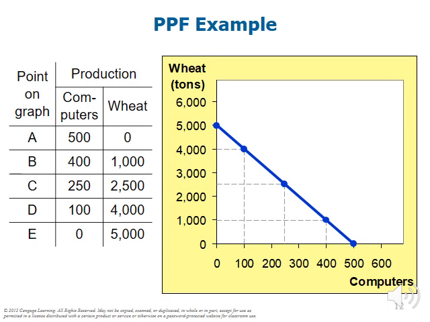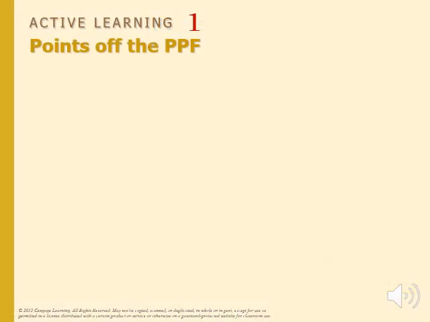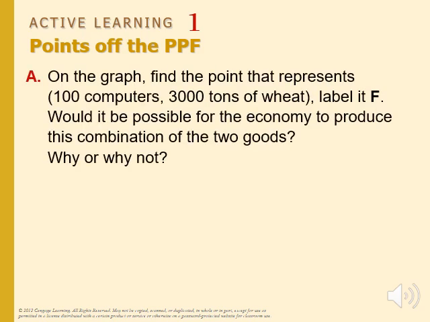Let's learn a little bit more about what this PPF represents. On the graph, find the point that represents 100 computers and 3,000 tons of wheat. Label it F. Would it be possible for the economy to produce this combination of the two goods?